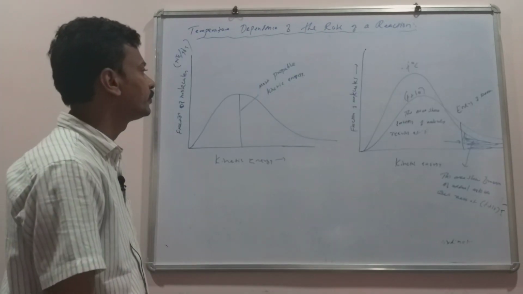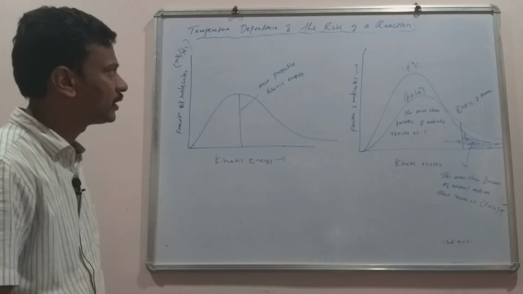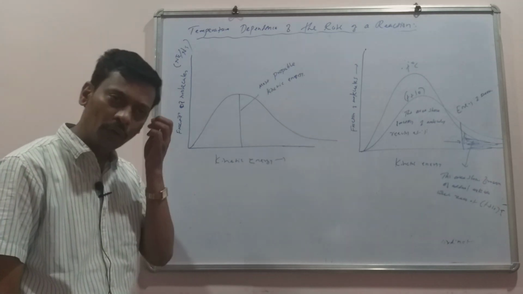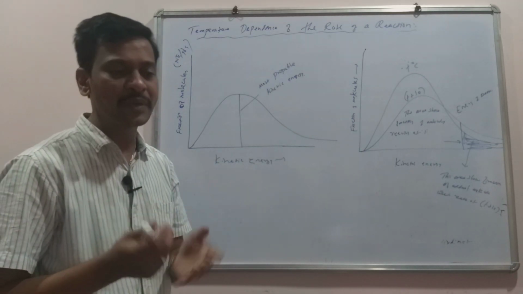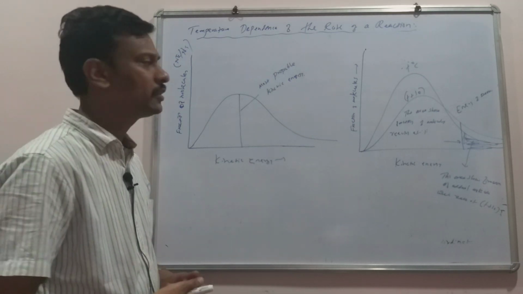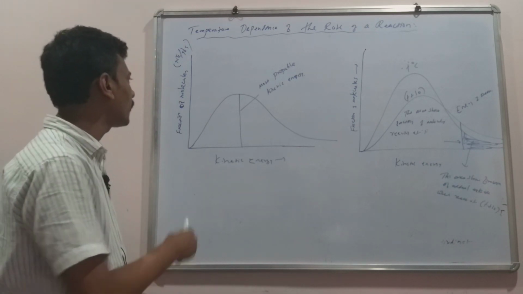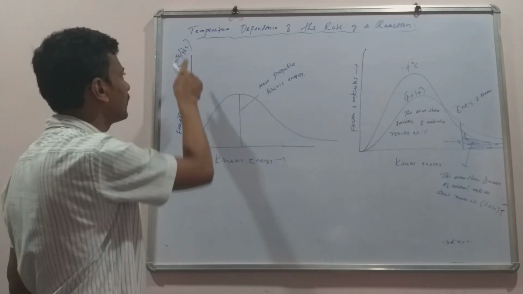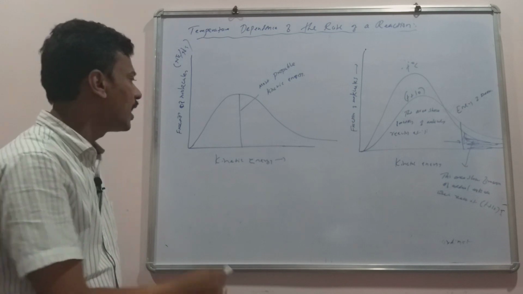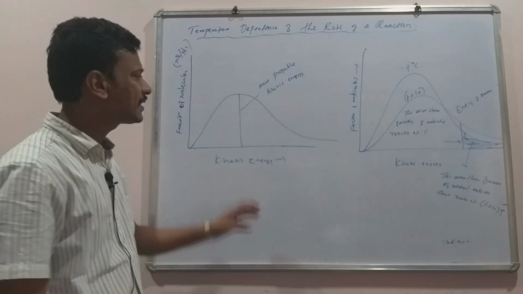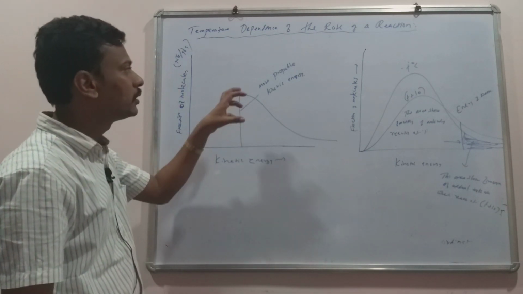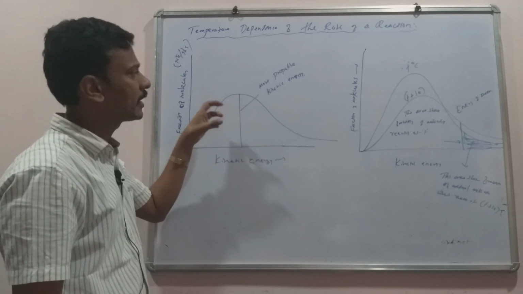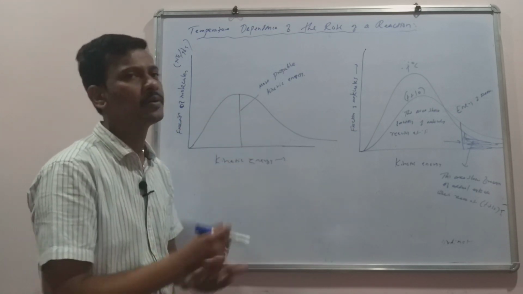As I told you, according to Boltzmann and Maxwell, all the molecules do not have the same kinetic energy. They plot the graph of fraction of molecules, that is Ne by Nt, versus kinetic energy. Only some molecules which have the extra kinetic energy collide to give the products.